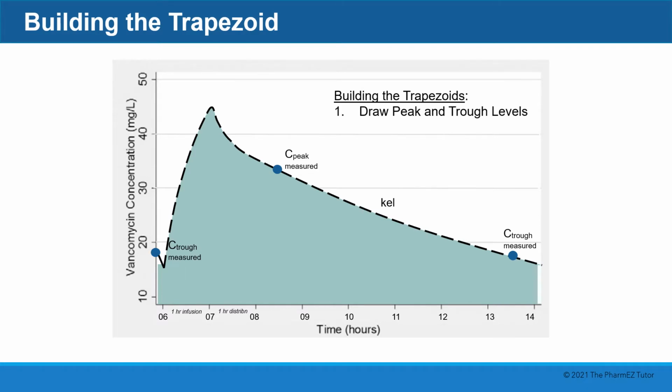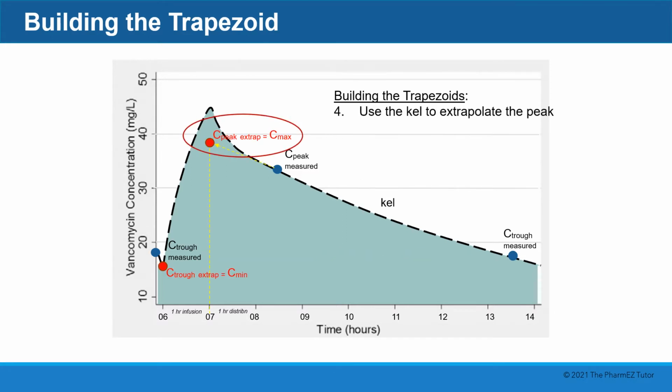So how do we build the trapezoids? Well, we first draw peak and trough levels, then we move the trough over if we need to, and then we solve for the KEL. Then we use the KEL to extrapolate the peak, and then we use the KEL to extrapolate the trough if we need to.